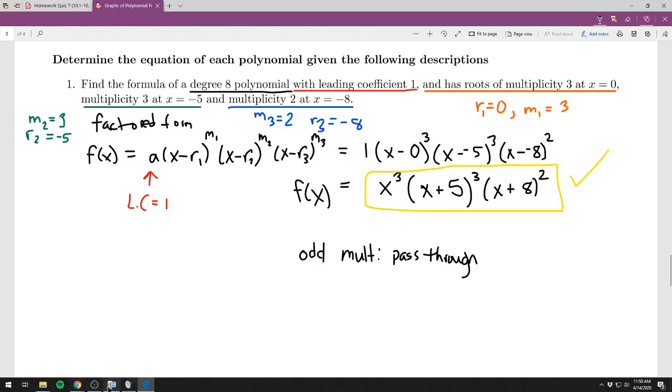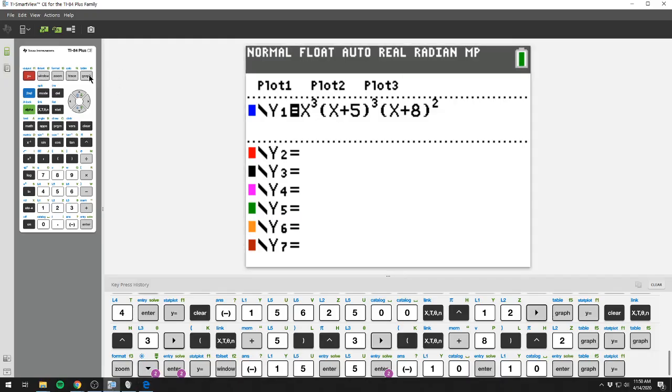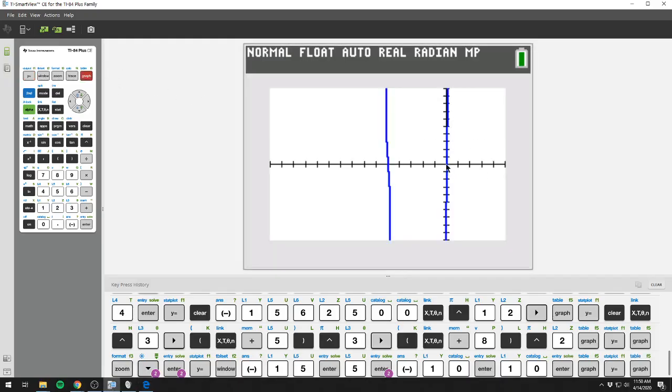So if I go to my graph here, the one we made on the calculator, at x equals 0 and x equals -5, odd multiplicity, the graph passes through. It doesn't stop and turn around, it just goes straight on through. For any odd multiplicity, that's the case.